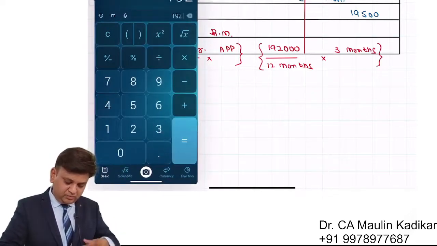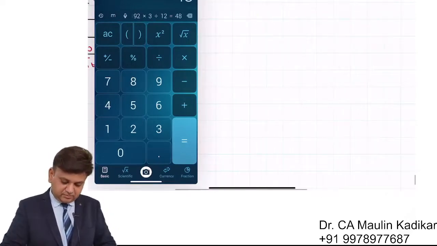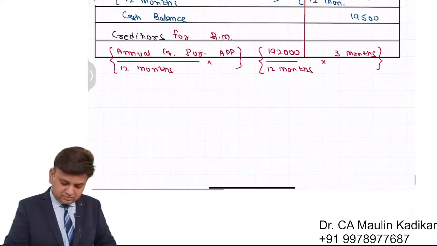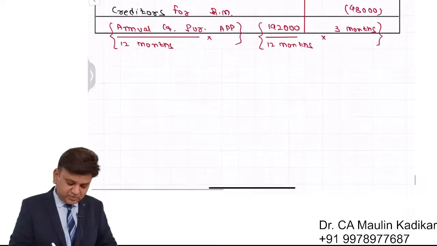So 192 into 3 divided by 12 is 48,000. That is creditors for raw material. Next is creditors for expenses.